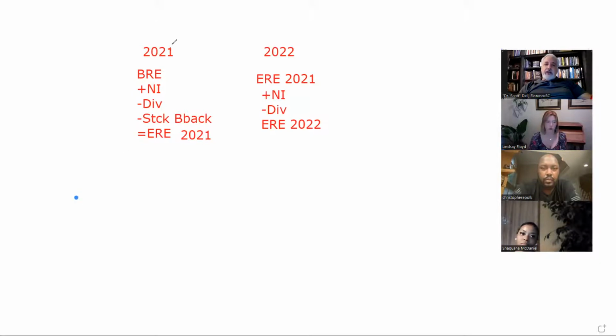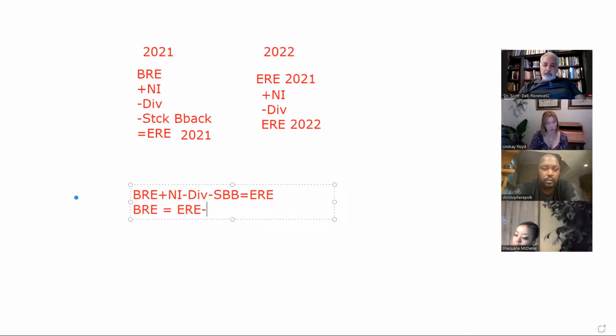So if I use this formula, beginning retained earnings plus net income minus dividends minus stock buyback equals ending retained earnings, I'm going to have beginning retained earnings equals ending retained earnings minus net income plus dividends plus stock buyback. Just by the algebra definition, right?